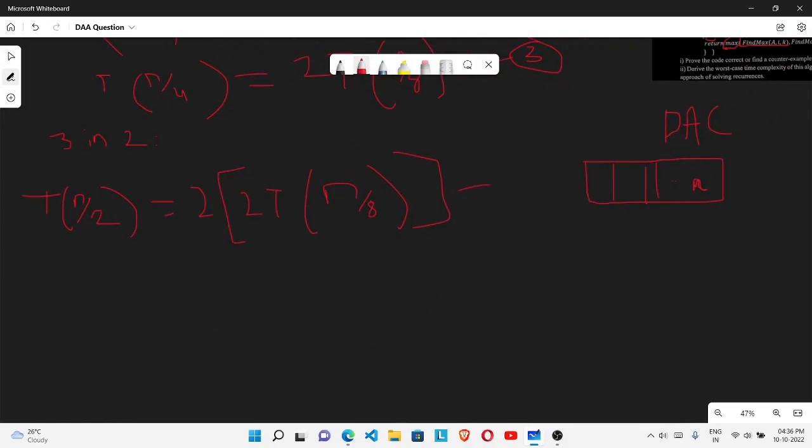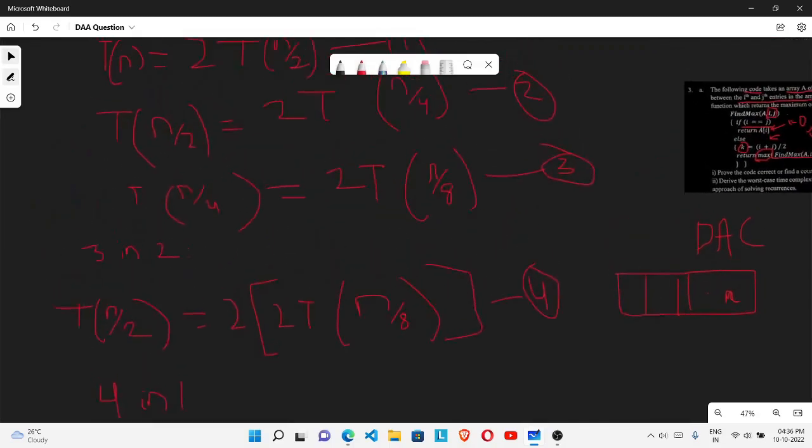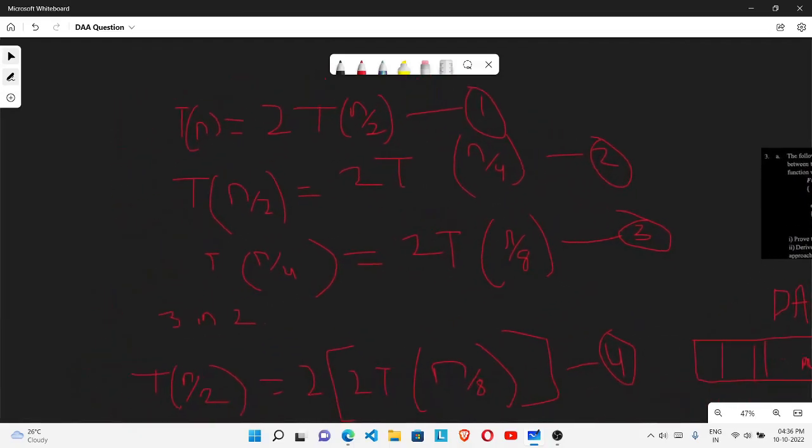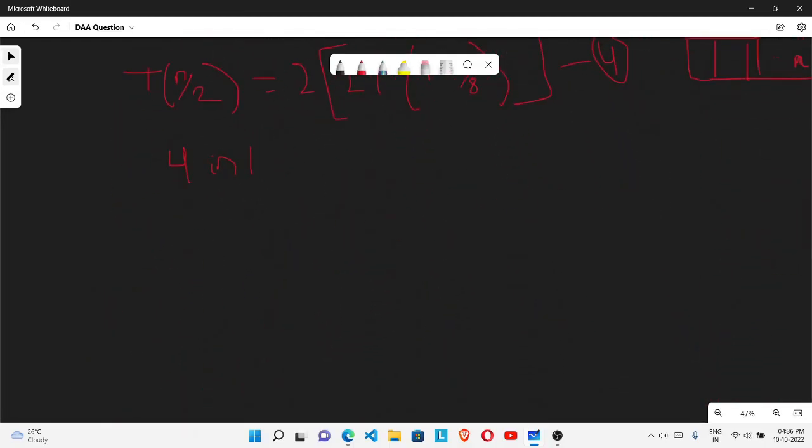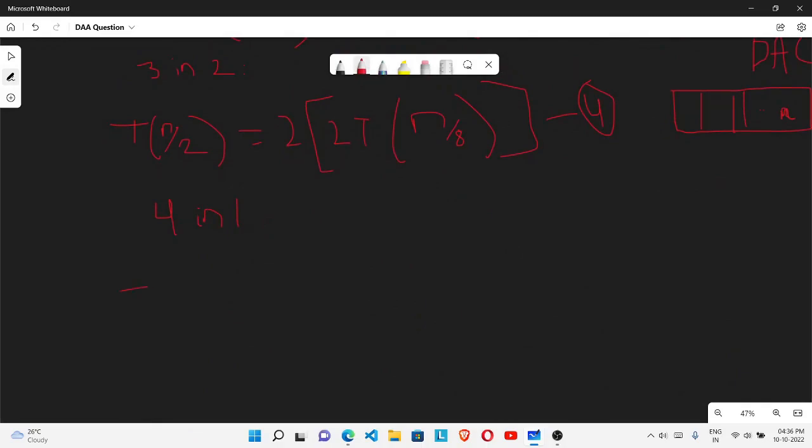So this becomes 4. Now you substitute 4 in 1. What was 1? It was the first equation, the recurrence relation. T of n is equal to 2T of n by 2. So the T of n becomes, multiply this by 2, that's it. Then 2T of n by 8.